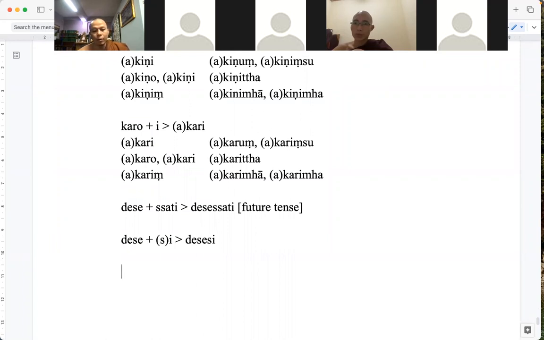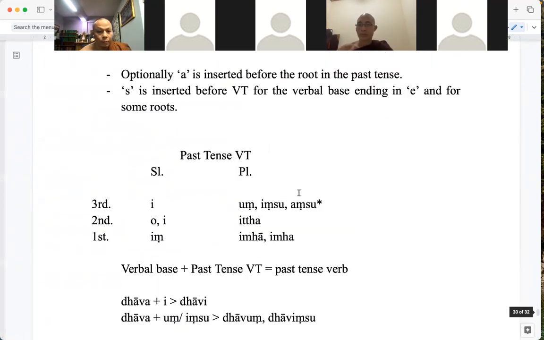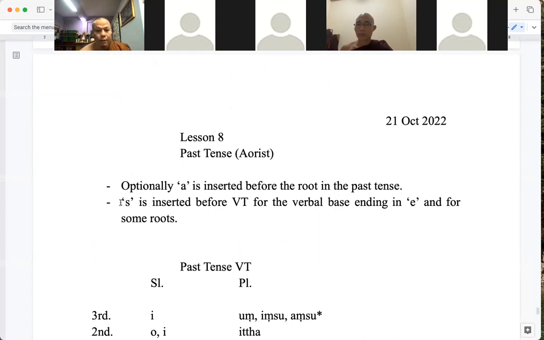So that person singular, DCC, sa is inserted, and then R is inserted. So this R is always inserted, not optionally, you see. Sa is inserted. Okay, always.